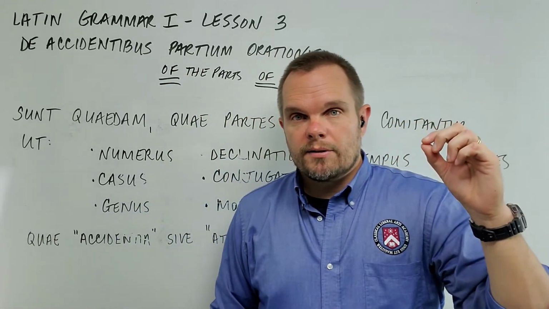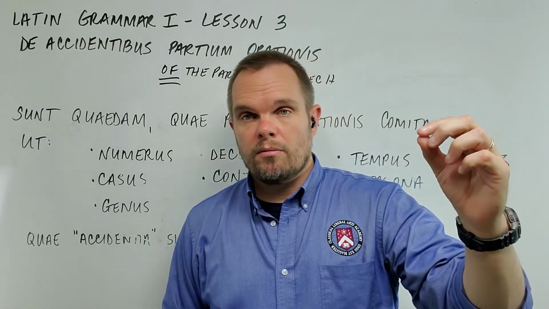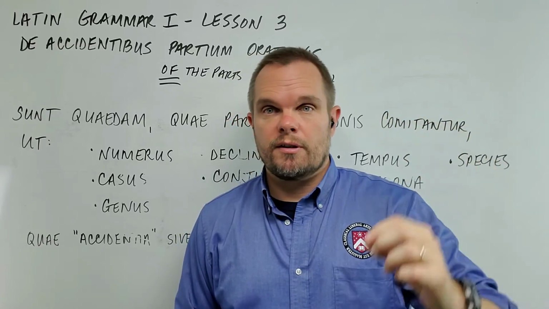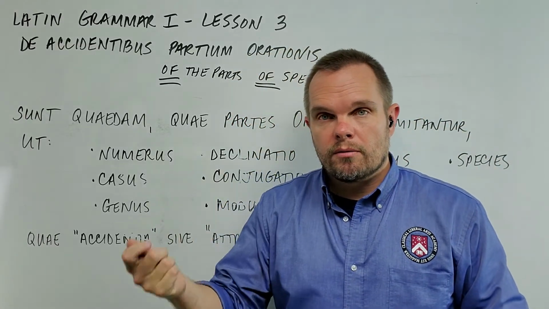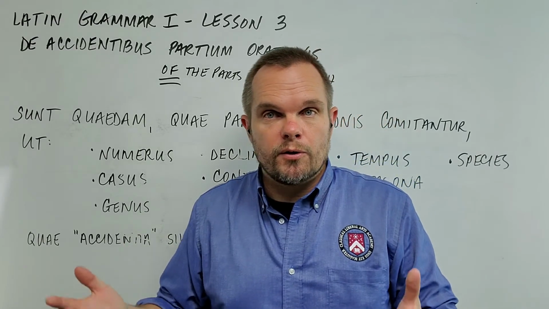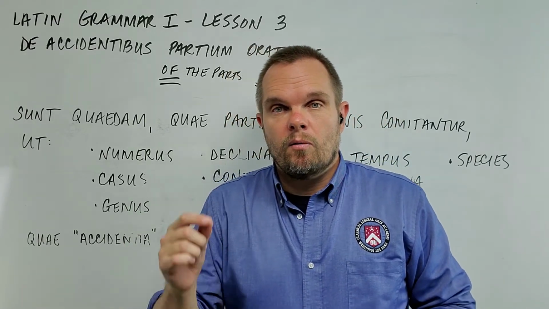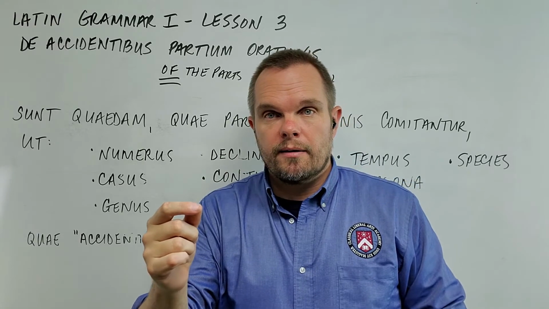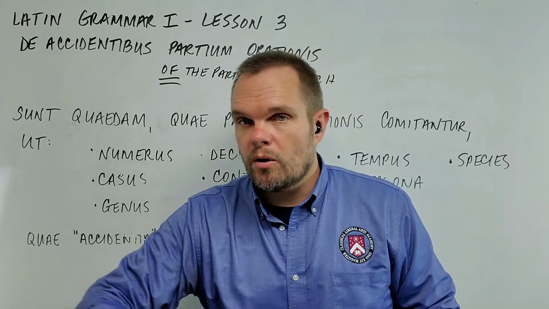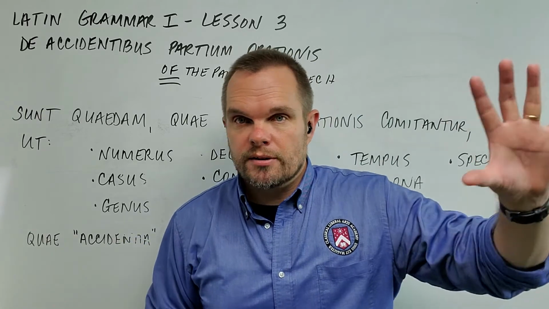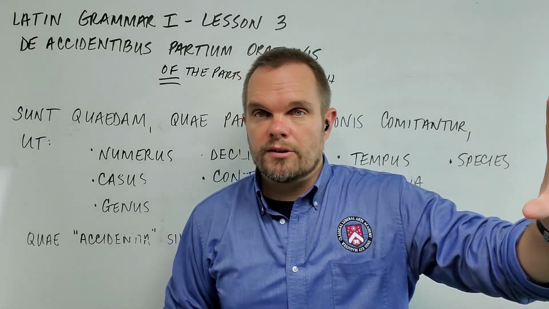We'll memorize just one example of each. And it's important because if you come across a new noun, once you can identify that it belongs to the first declension, then you know all of its endings, because it's just like the other first declension nouns.